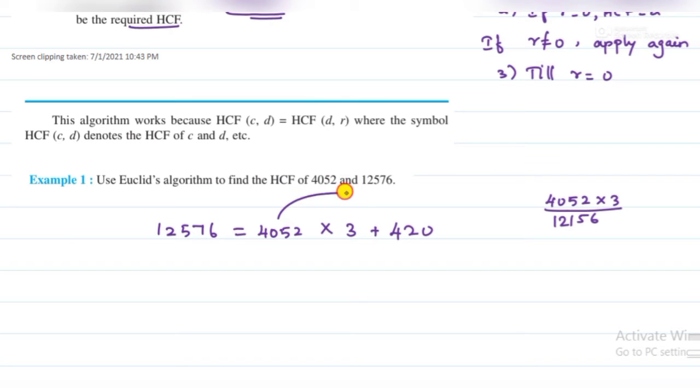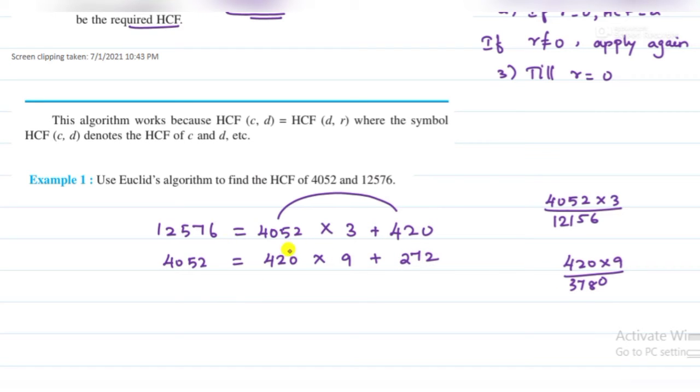So 4052 into 3 plus 420 will give you 12,576. Now apply this process for 4052 and 420 once again. So 4052 can be obtained by multiplying 420 and 9, then adding a remainder 272. 420 into 9 is 3780, plus 272 will give you 4052.